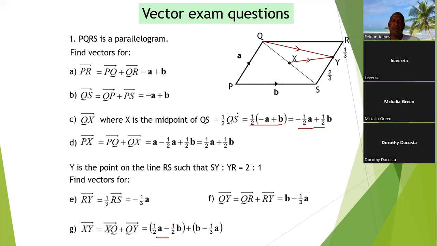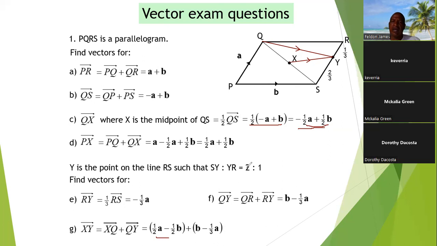Q to X, Q to X. This is Q to X. Apparently what they did was to multiply out the bracket by a negative, so it changed the signs of these, all right?